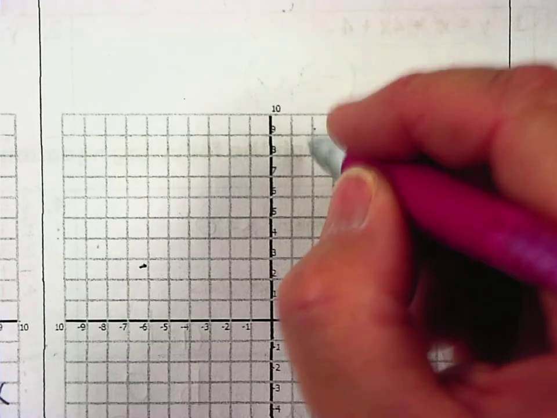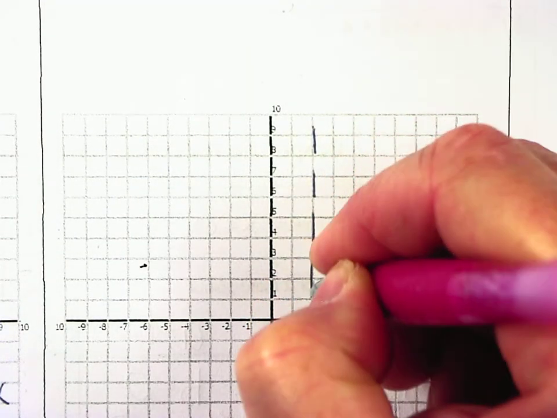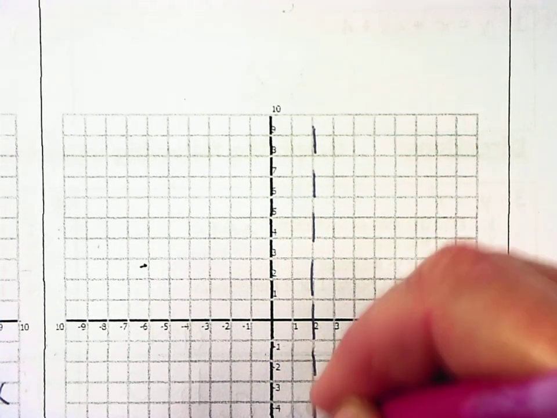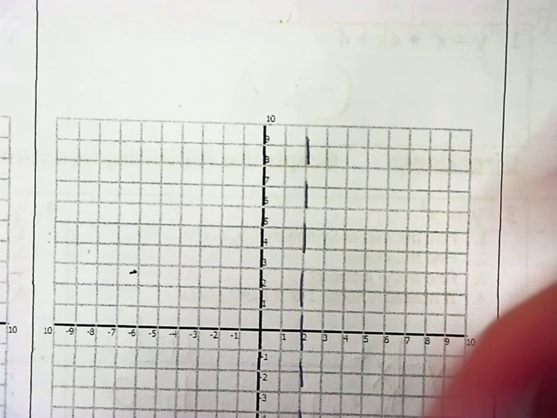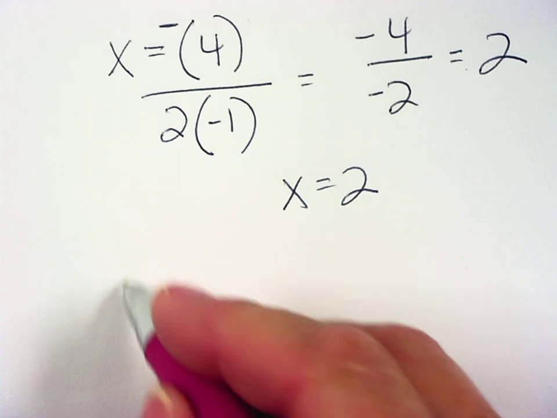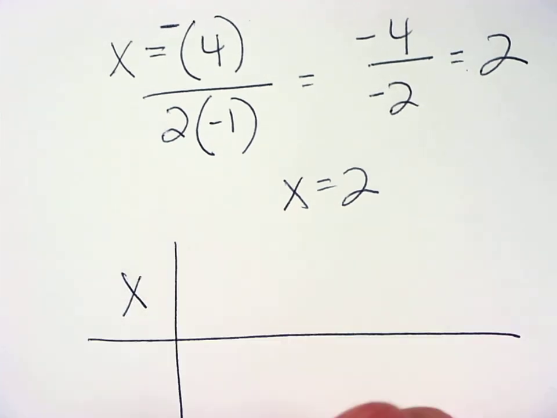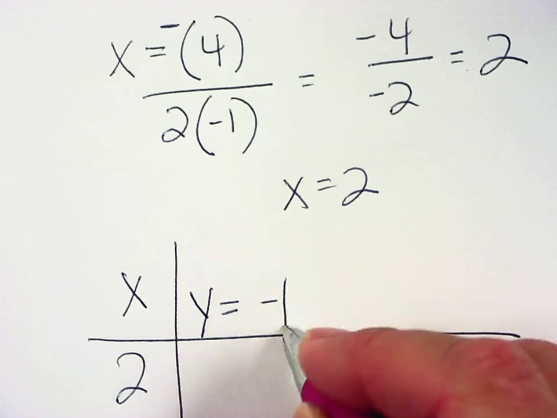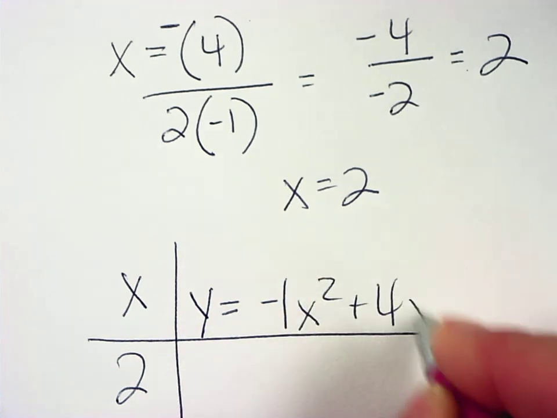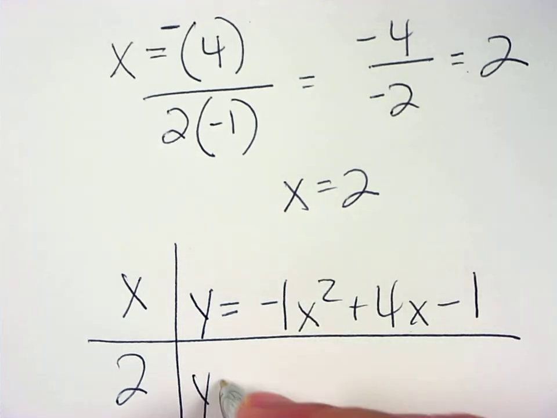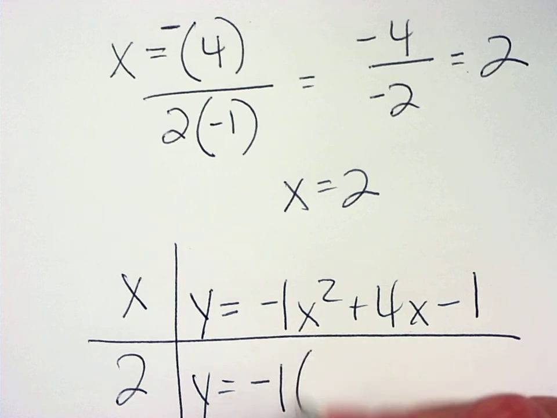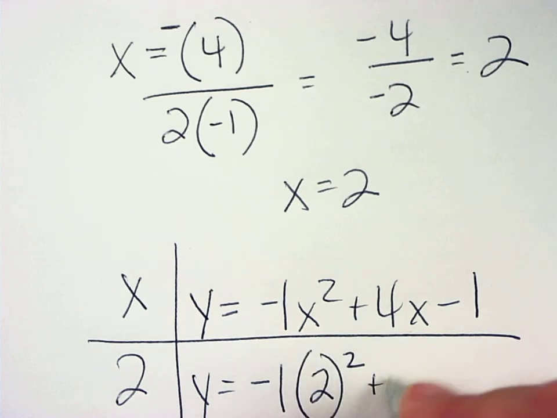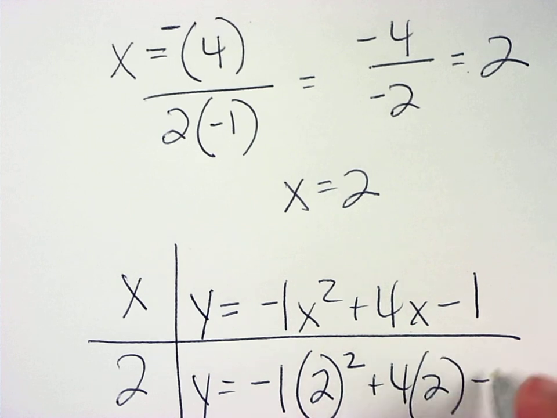We're going to graph our axis of symmetry, x equals positive 2. I want my vertex, so I take this value for x, I plug it in to find my vertex. Be careful, y equals -1 times 2 squared plus 4 times 2 minus 1.